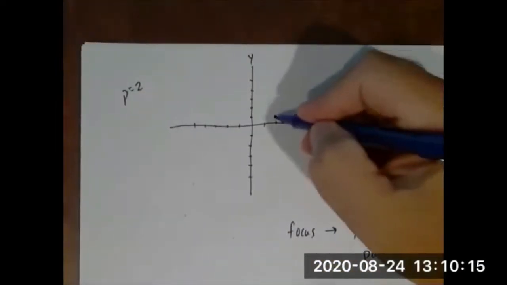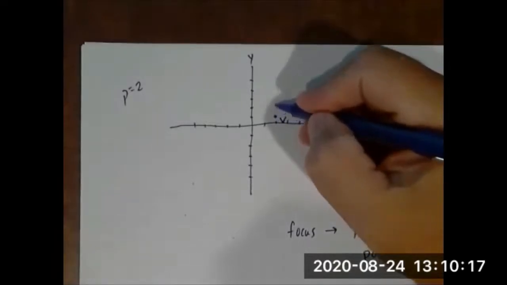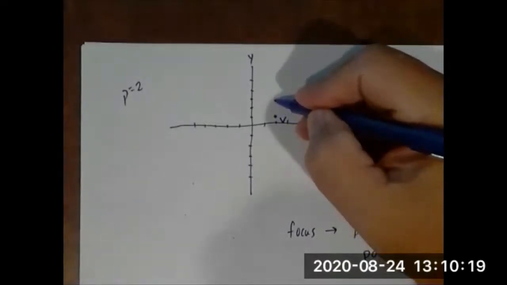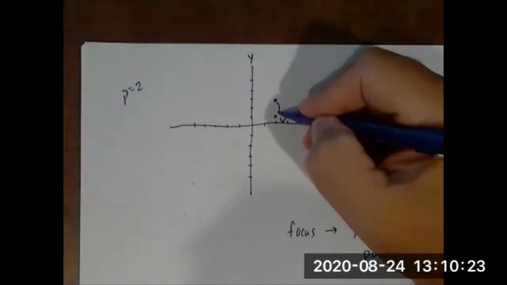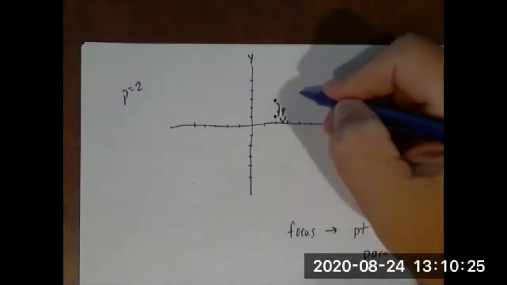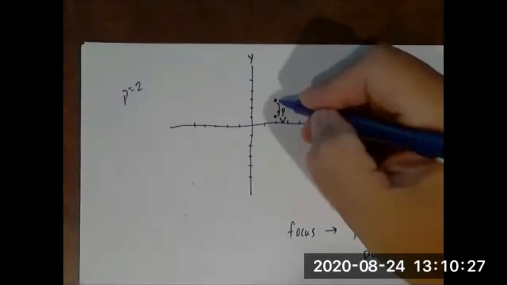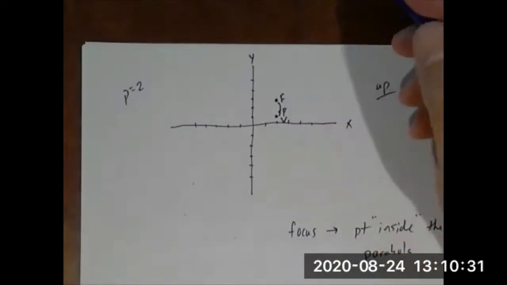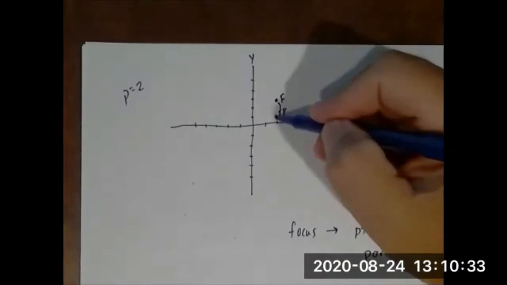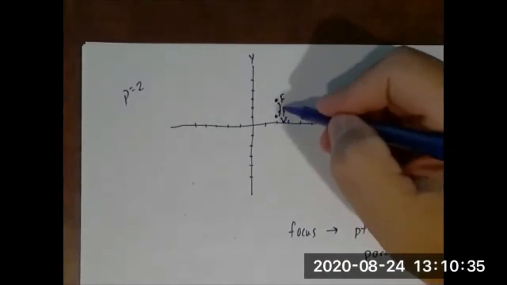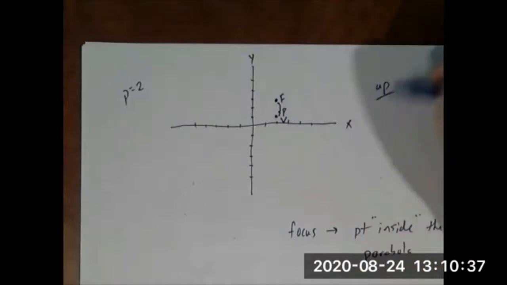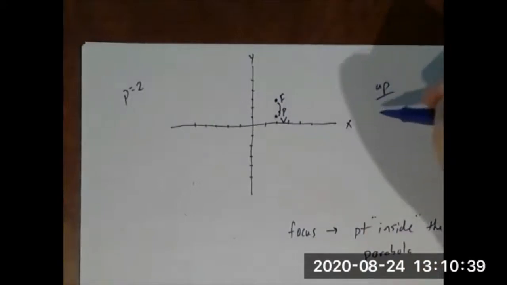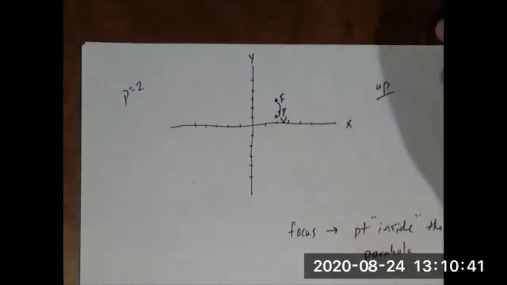So from my vertex, I move straight up 2. That distance is P, and this ends up being my focus. Once you find the vertex and the value of P, and you know what kind of parabola you have, you can plot the focus.